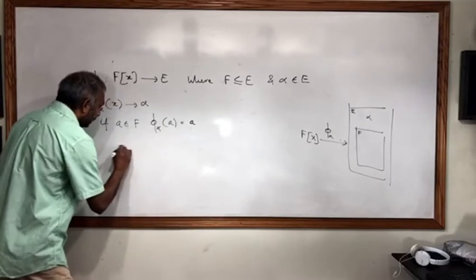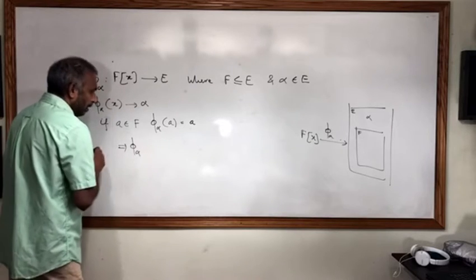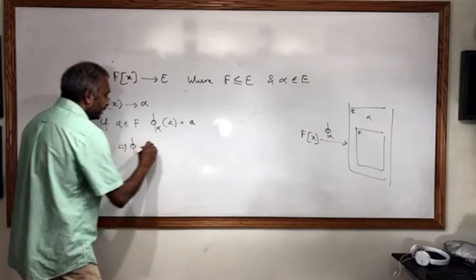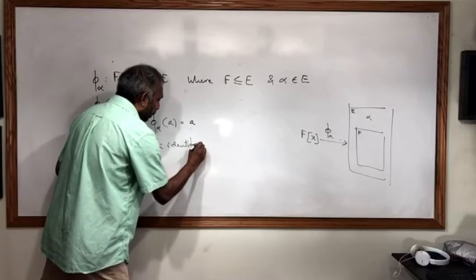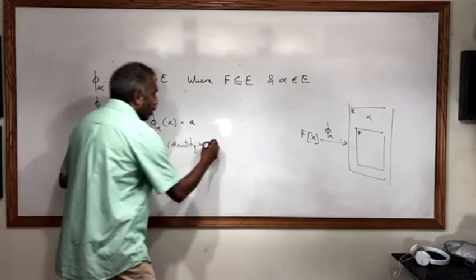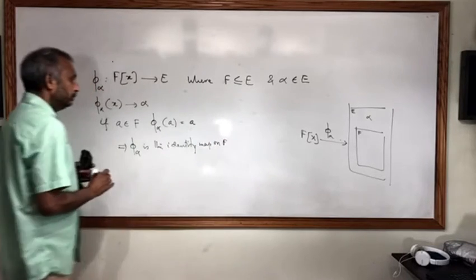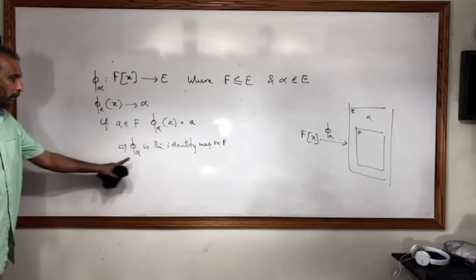And that implies phi alpha is the identity map on F, always, whatever be the value of alpha.